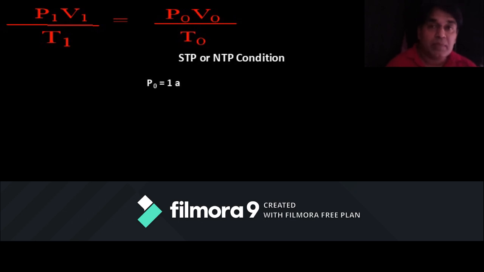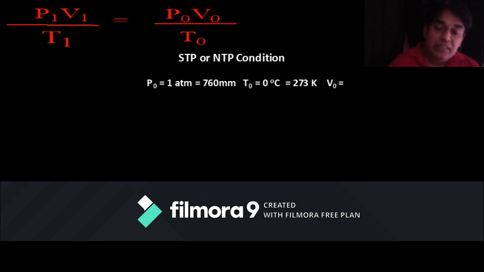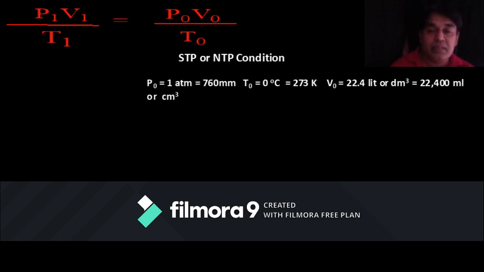This equation, containing different terms, is used for different conditions, that is, STP condition and non-STP condition. STP or NTP condition means standard temperature pressure condition. The pressure is always fixed in this condition, equal to 1 atmosphere, equal to 760 millimeters.